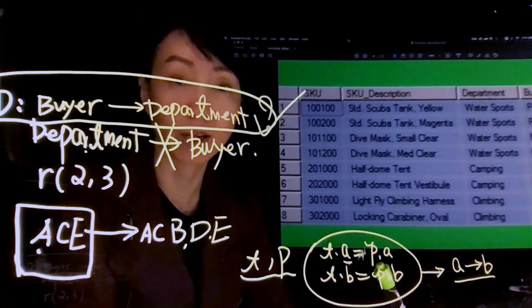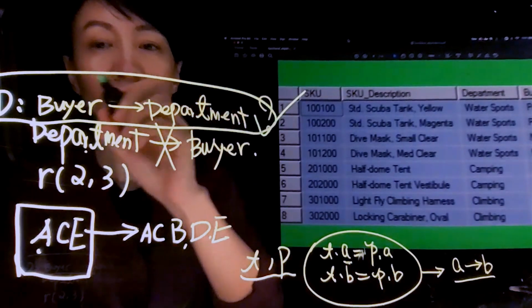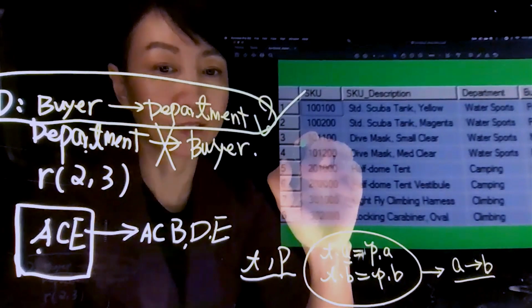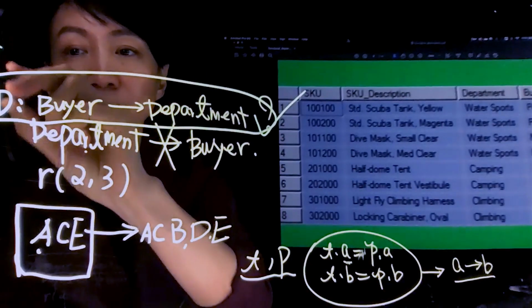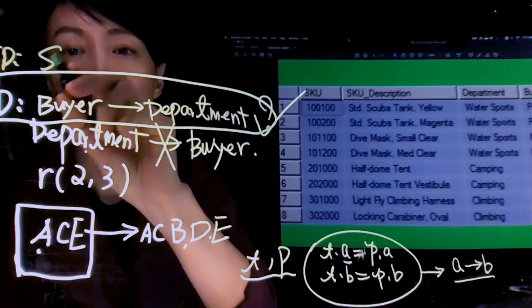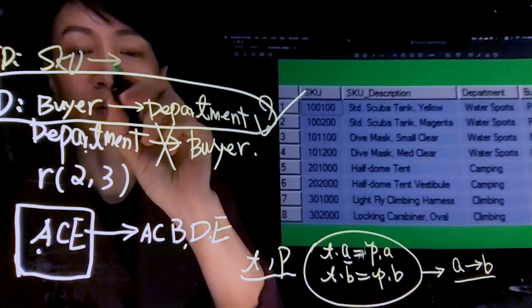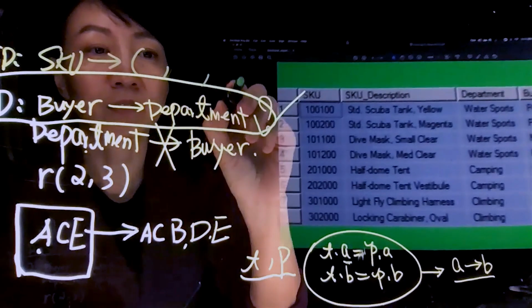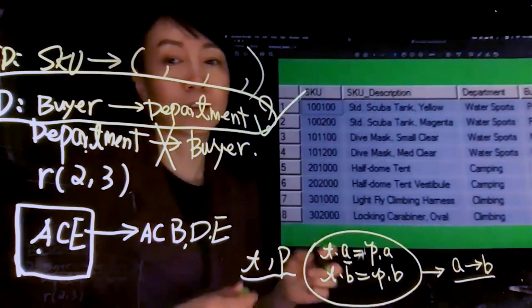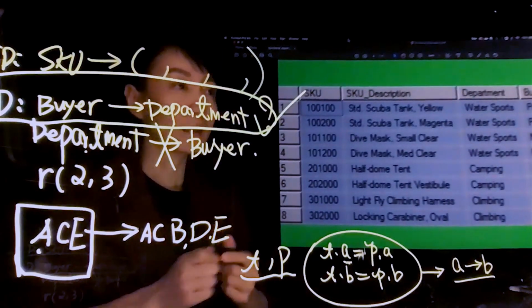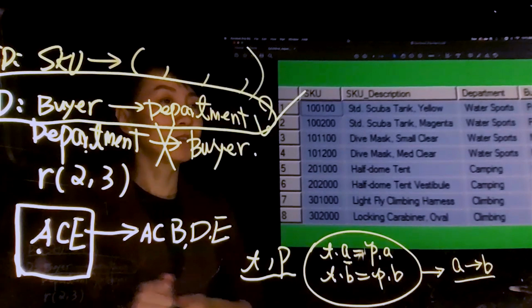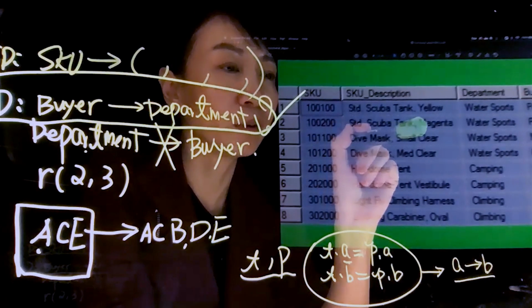There are no duplicates. So actually, we should have this second functional dependency: skill determines all the other attributes in this relation.